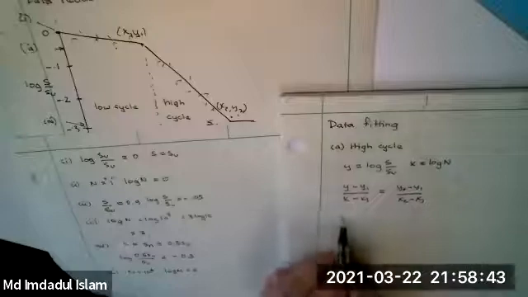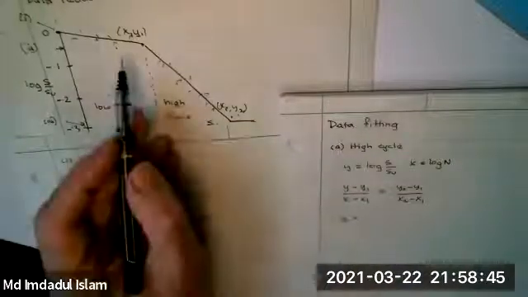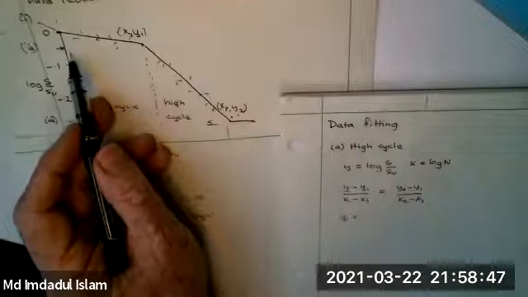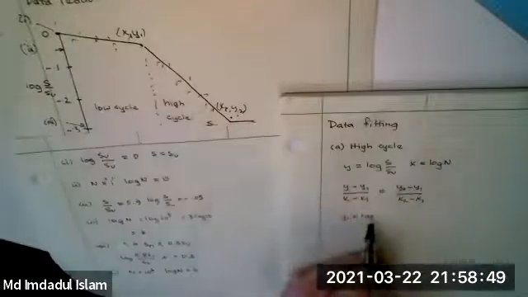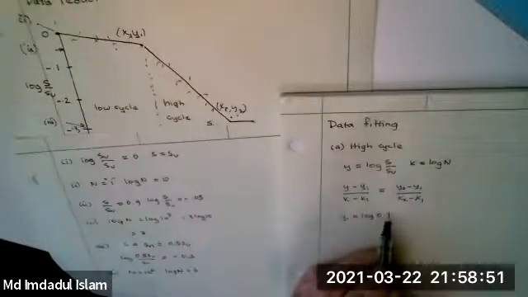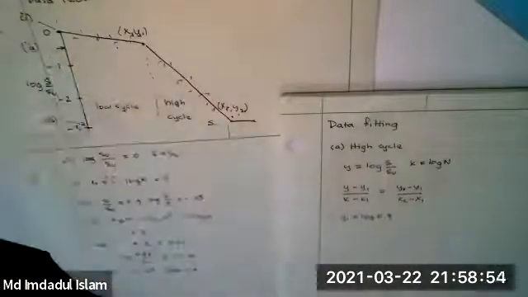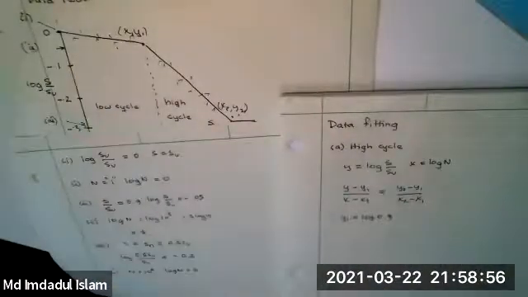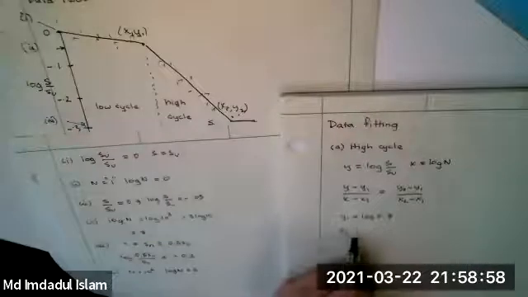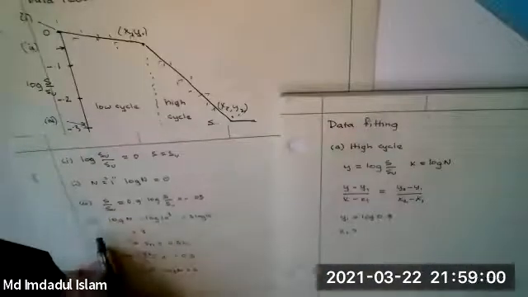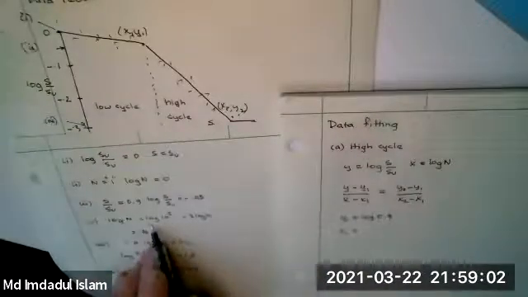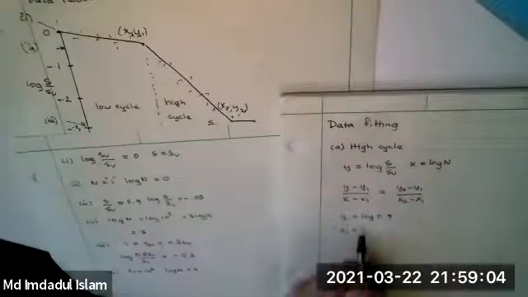Y1, well, I said this is 0.9, it's log of 0.9, which is minus 0.05. We'll just use the log right now. X1, I already pointed this out, is log of 10 to the 3, which is 3.